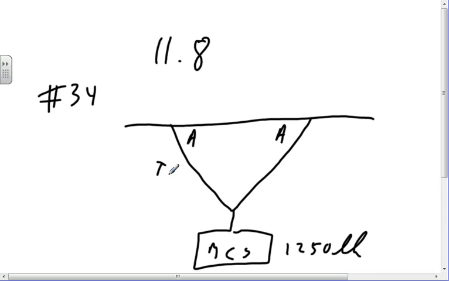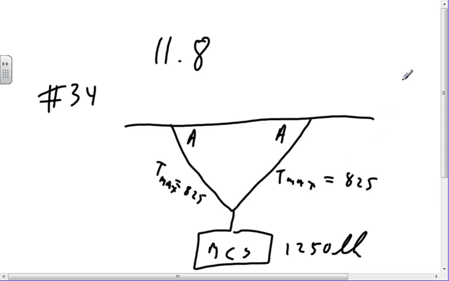Okay, so my tension max, 825. Tension max.